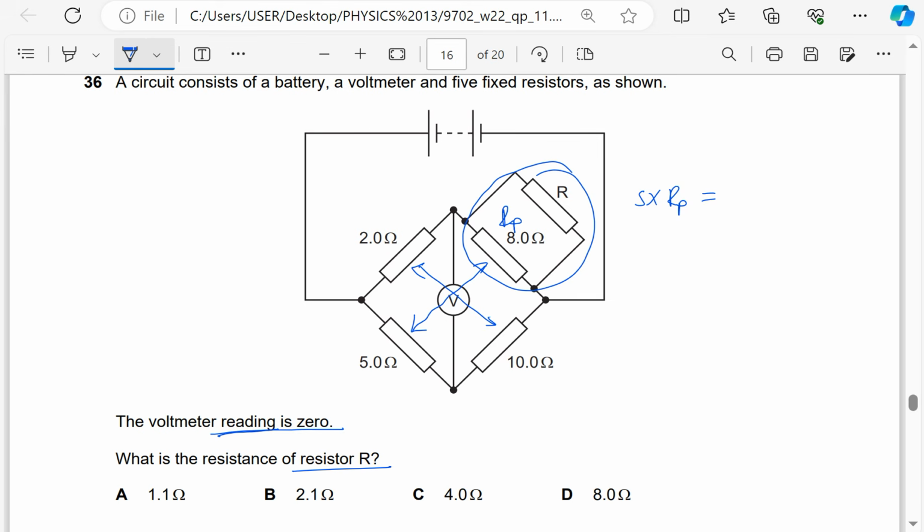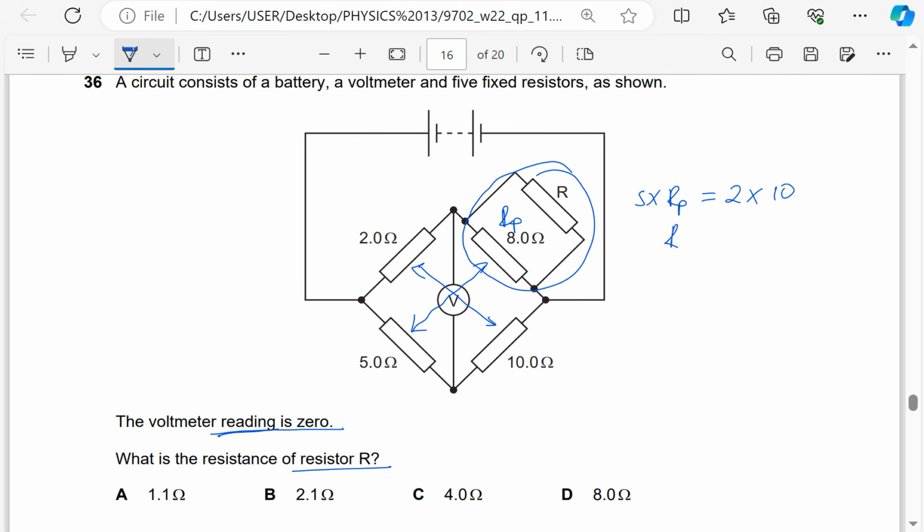5 times resistance in parallel should be the same as 2 times 10.